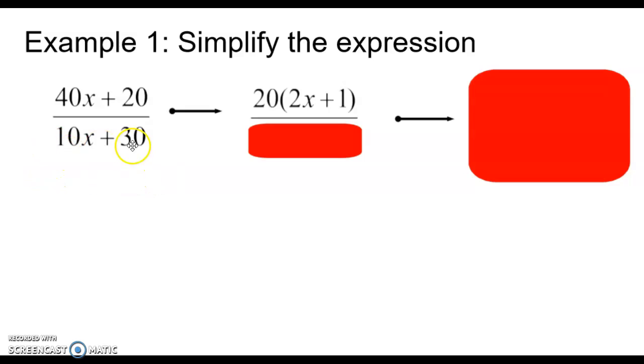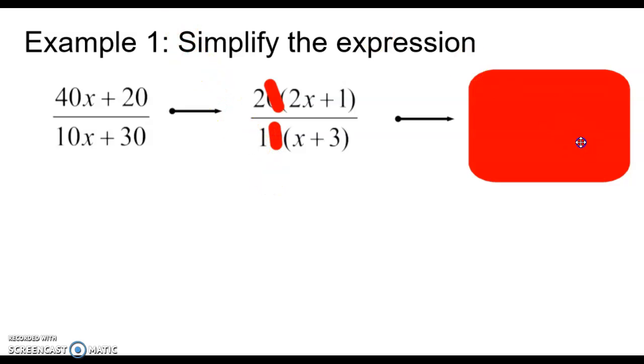The same thing here, between a 10 and a 30, I'm able to pull out a GCF of 10. Now I'm left with 10 times the quantity x plus 3. We're looking for like terms, meaning 20 or 2x plus 1, 10 and x plus 3. These are the factors that we're looking to cancel. What I do have is between a 20 and a 10, these are able to cancel out because 20 divided by 10 just gives me 2.